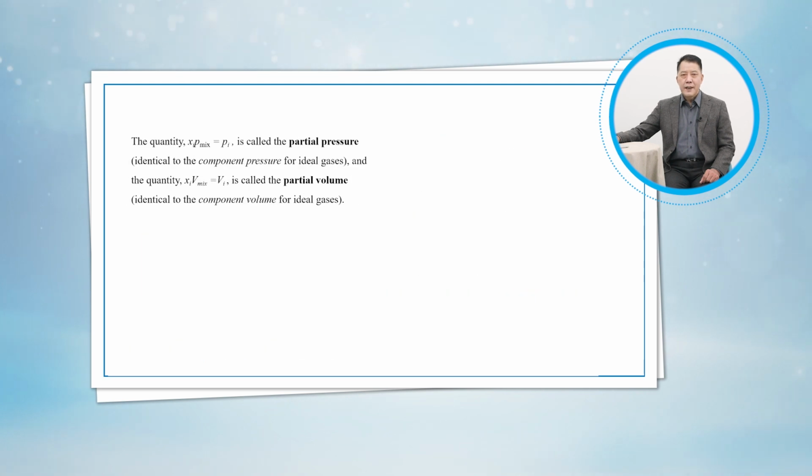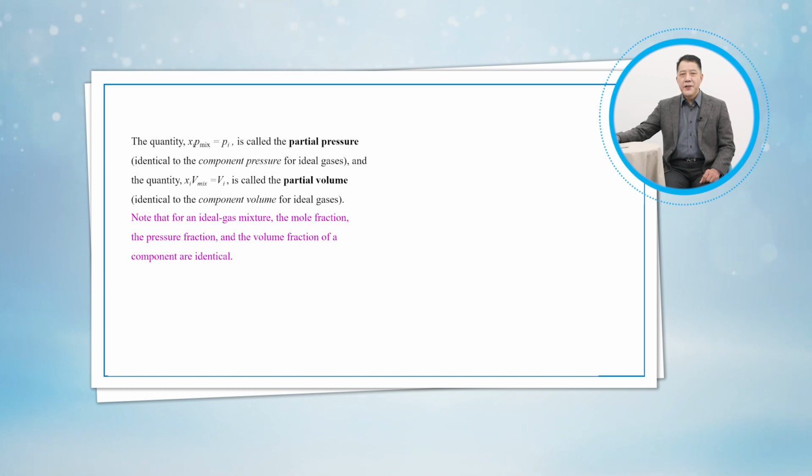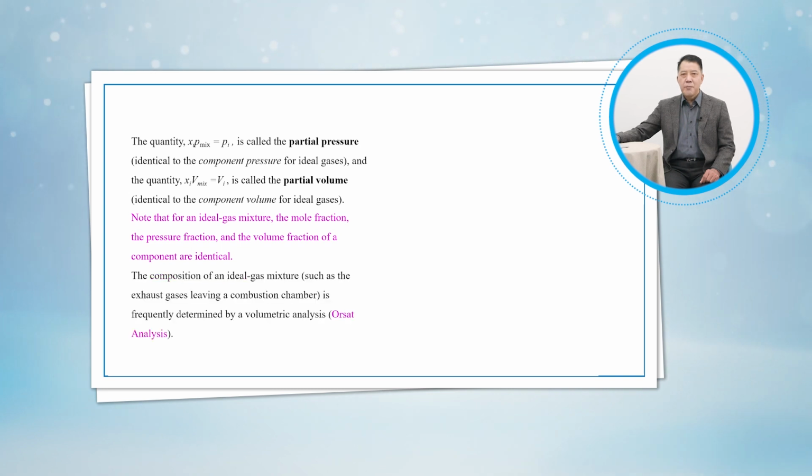The quantity yi Pm is called the partial pressure, and the quantity yi Vm is called the partial volume. Note that for an ideal gas mixture, the mole fraction, the pressure fraction, and the volume fraction of a component are identical. The composition of an ideal gas mixture is frequently determined by a volumetric analysis.